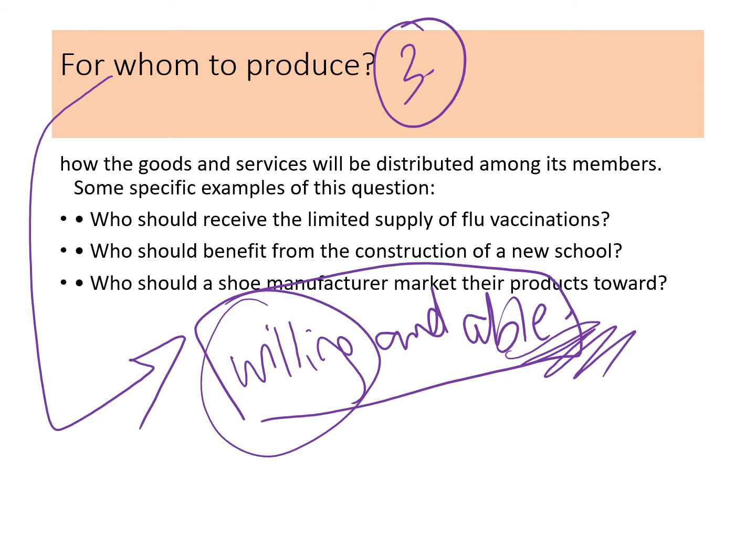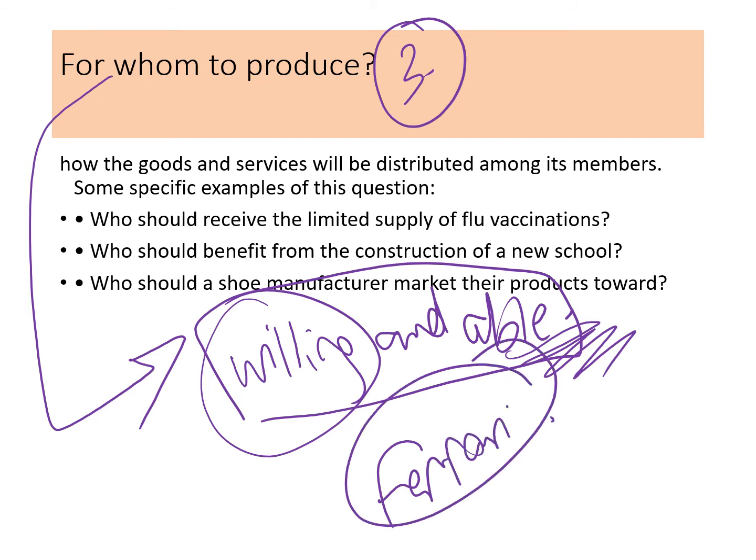Because remember, if I am a private business, I would never want to produce anything that will not lead to profit at the end. Whereas if it was for the government, no, they wouldn't mind, because governments, as we said, do not care about making profits. So I would give you an example about a private company. For example, Ferrari.